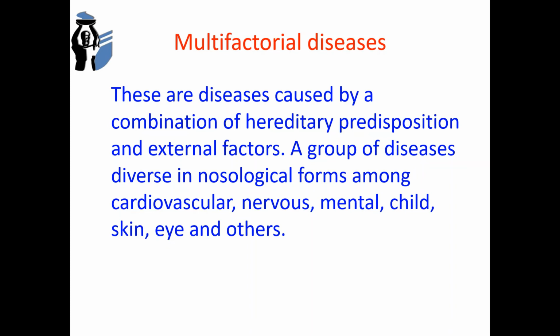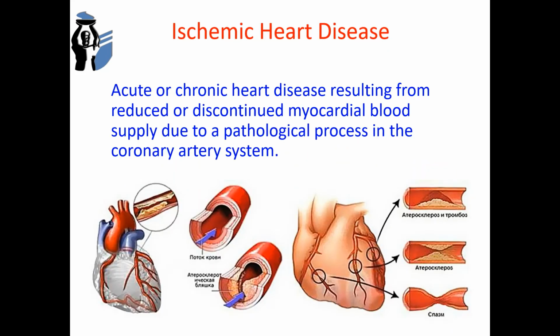For example, ischemic heart disease. This is an acute or chronic heart disease resulting from reduced or discontinued myocardial blood supply due to a pathological process in the coronary artery system.